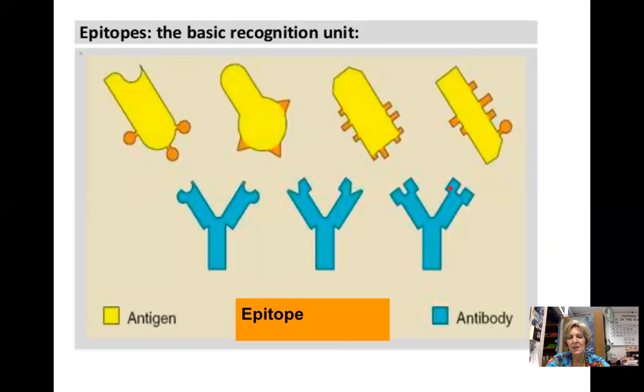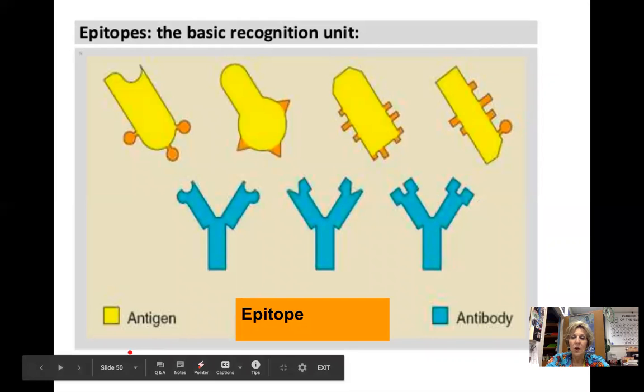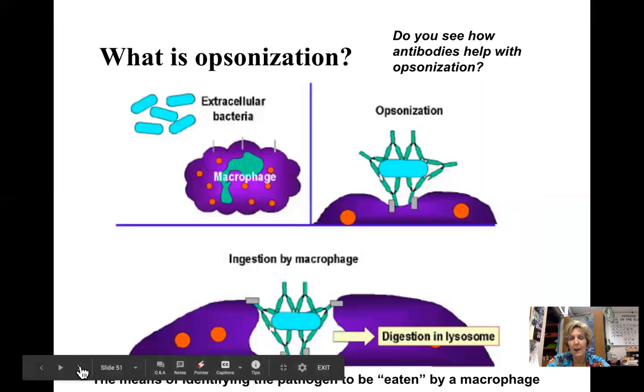So you can see here's the antigen binding site of 3 different antibodies, these blue things. And I can tell right now that this particular epitope is going to fit right in there, right? This one would not. But this one does bind with this particular antibody here. So your immune system as a vertebrate creates a lot of these different kinds of antibodies just in case a specific kind of antigen comes its way.